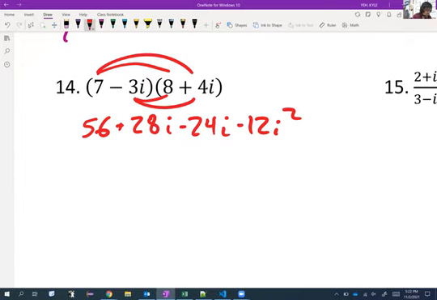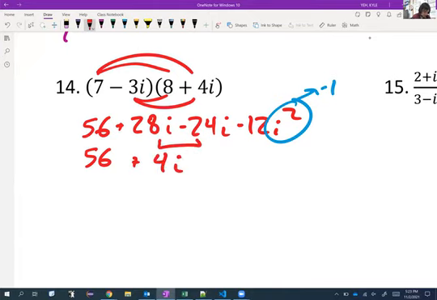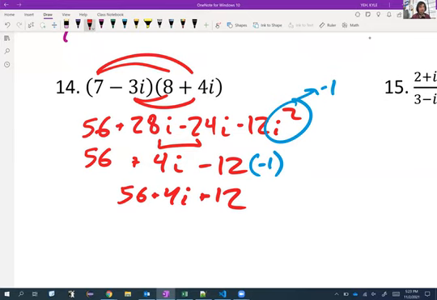So if we recall that i squared is negative 1, what we end up with is 56, I'll combine these two, plus 4i minus 12 times negative 1. Minus a negative 12 is basically plus 12, which means I can now combine that with the 56, the real parts. 68 plus 4i.